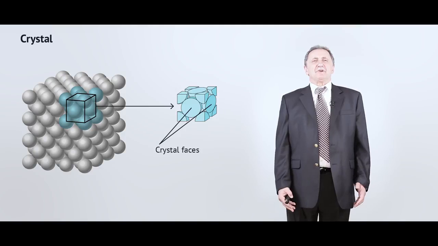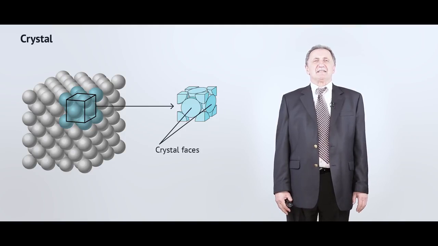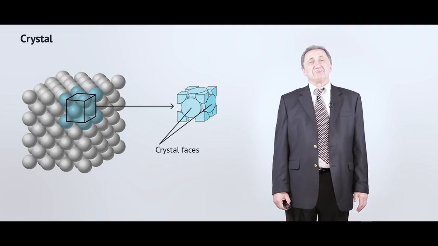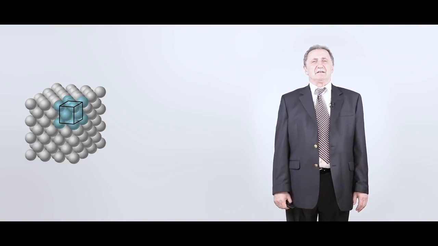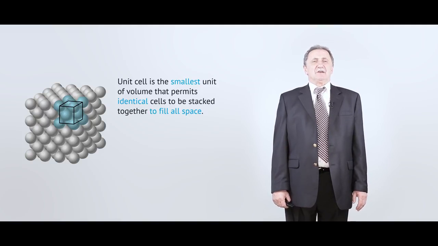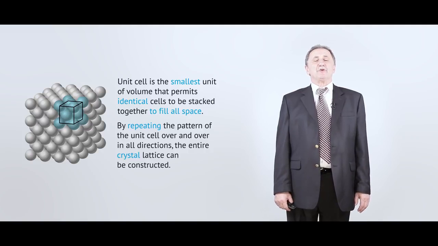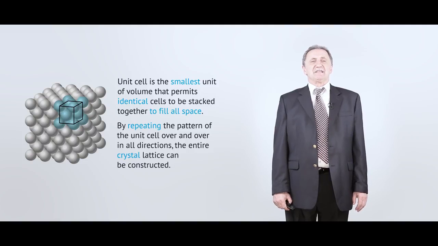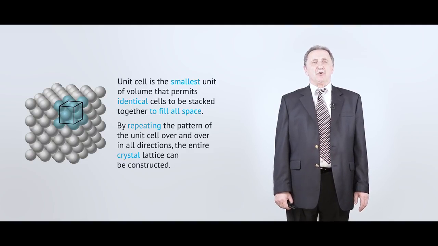In order to introduce some science into these materials, we have to define such a term as a unit cell. This screen gives you some idea of what a unit cell means. A unit cell, first of all, is the smallest unit of volume that permits identical cells to be stacked together to fill all space.